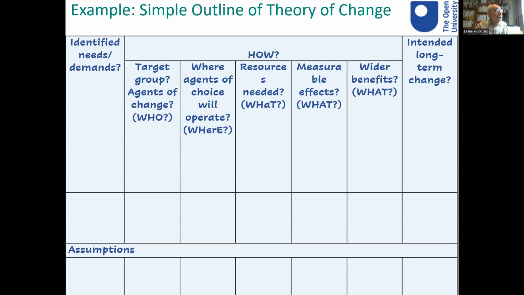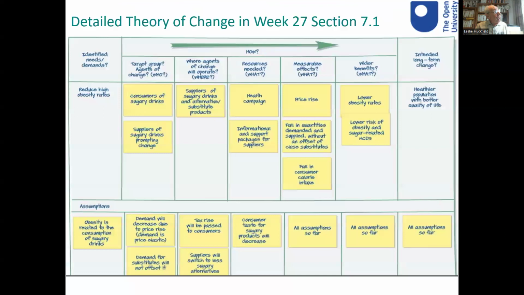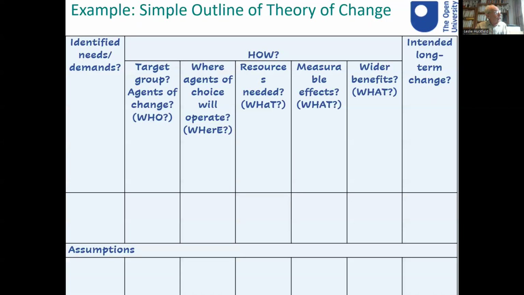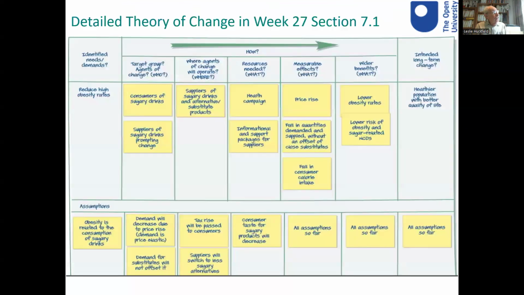You'll be able to see this in the reading material. So if you have a look at week 27, section 1, that's the outline of what you might do, and that's filling in some of the details. Now, although that's a theory of change based on sugary drinks, and your theory of change obviously is going to be based on the opposite of that.